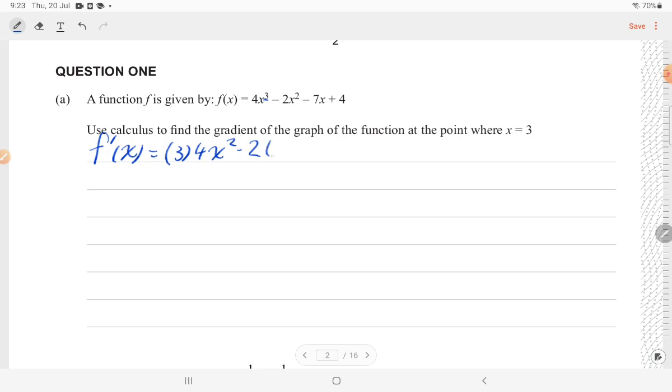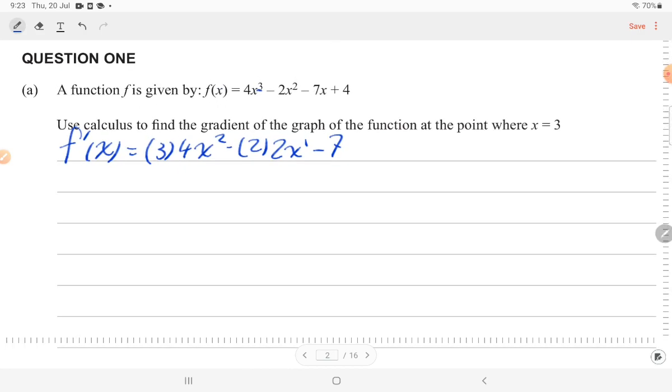Actually, I might redo that. So we bring the 2 down, then we have 2x, and we take away 1 from the 2, which is 2x to the 1. For take away 7x, it's just x. If we take down the 1, there'll just be 1. So the x disappears, take away 7, and plus 4, the number 4 is just a constant with no x terms, so it just disappears.